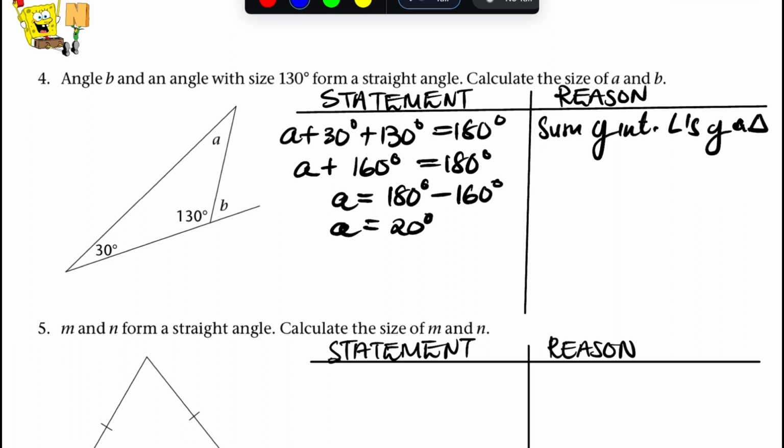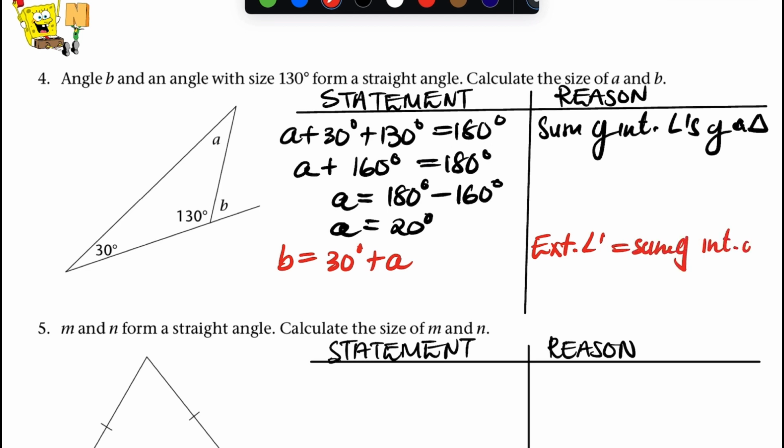So now we have to calculate B, which is an exterior angle. We know the exterior angle is equal to A plus 30. So that's the law. We'll say B is equal to 30 plus A, which is 20. So exterior angle is equal to the sum of interior opposite angles, right?